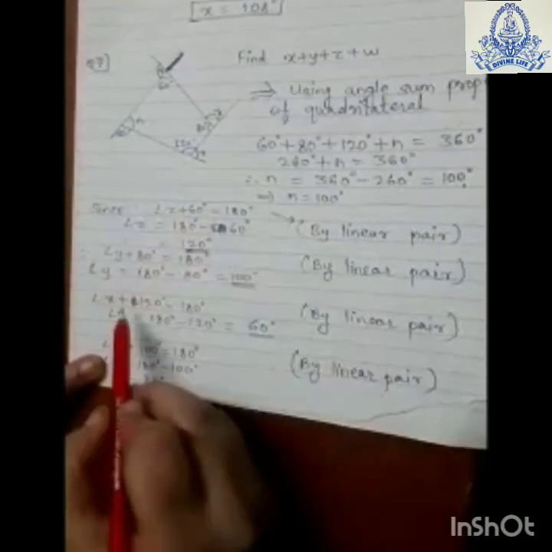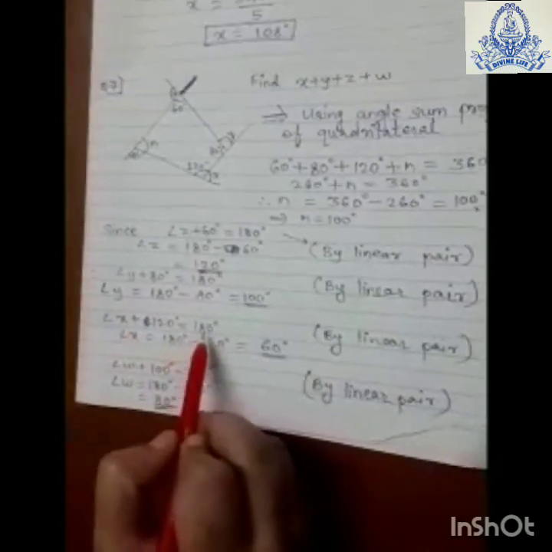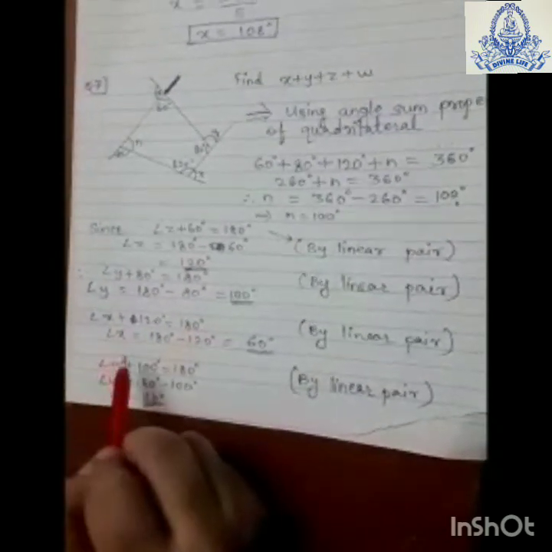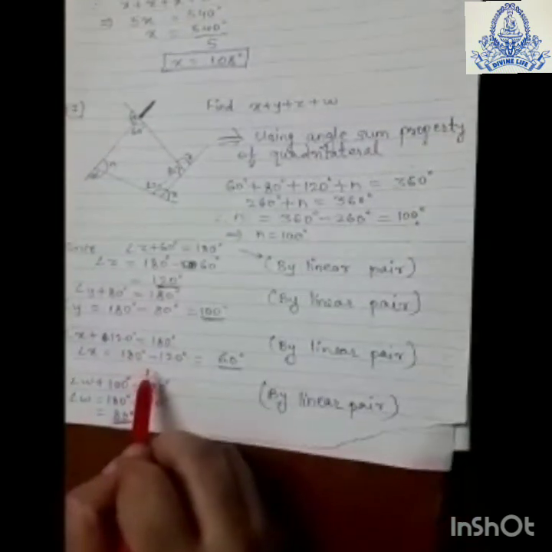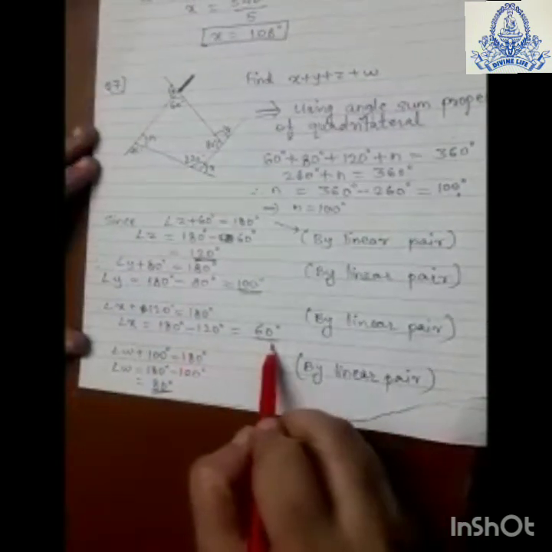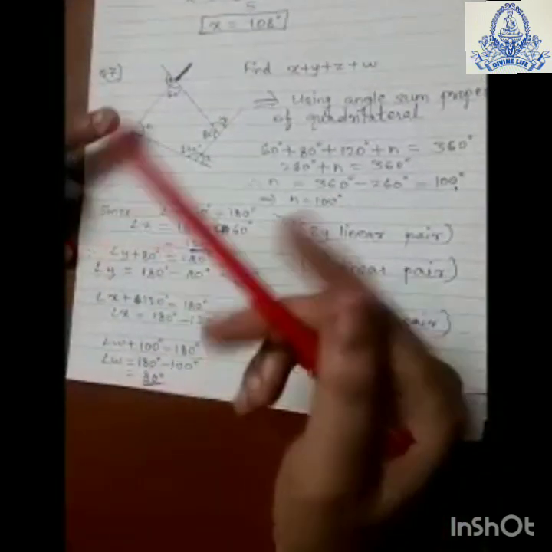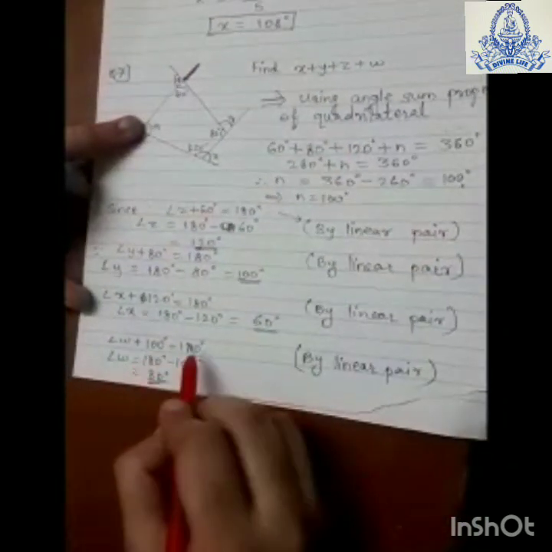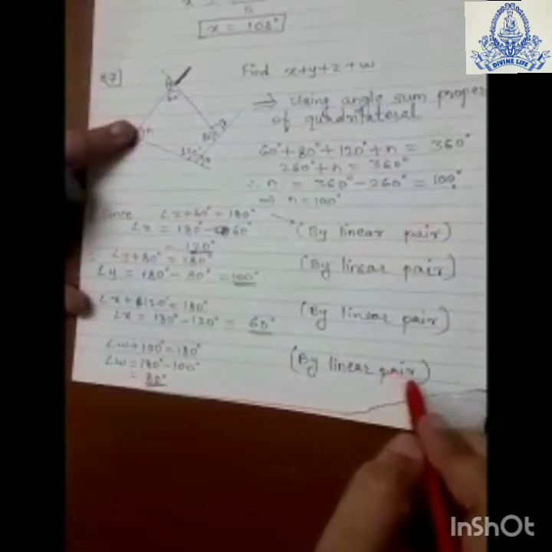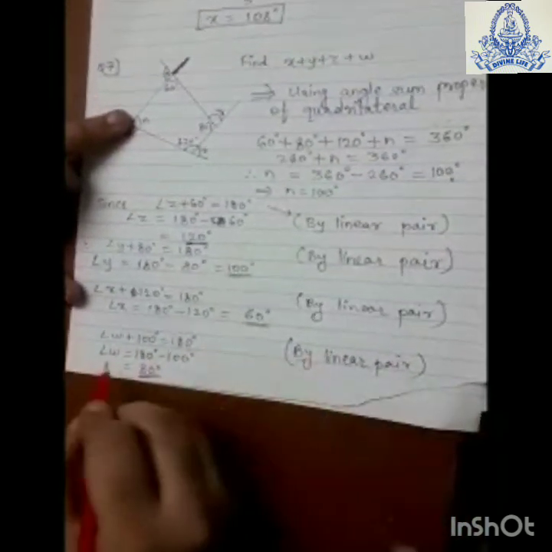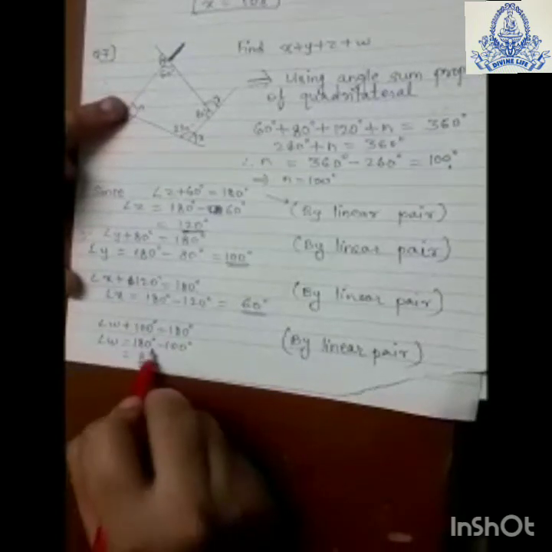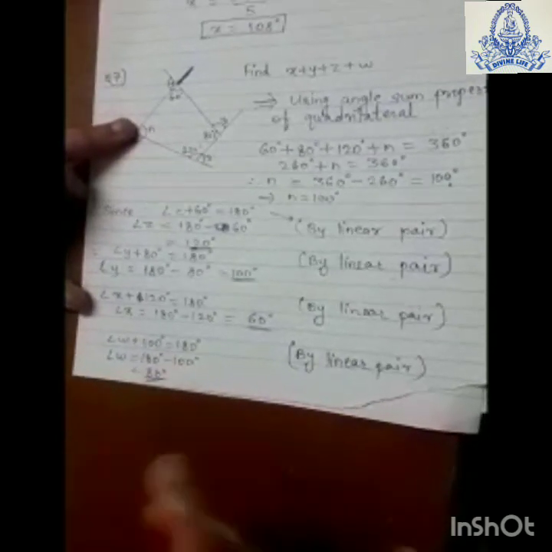In similar way, angle x plus 120 degrees is equal to 180 degrees. That is angle x is equal to 180 minus 120, that gives you 60 degrees. And lastly, angle w plus this 100 is equal to 180 degrees. Same by linear pair of angles. So angle w is equal to 180 minus 100, that is 80 degrees.